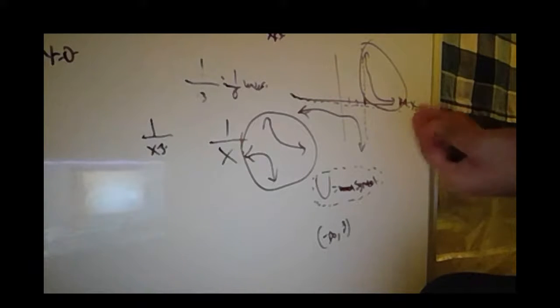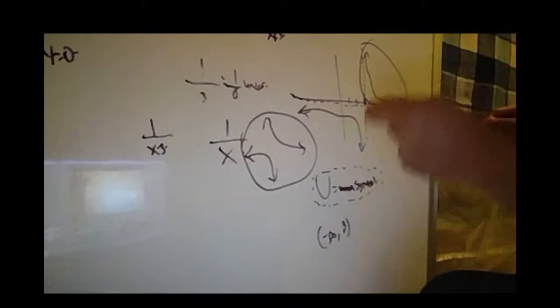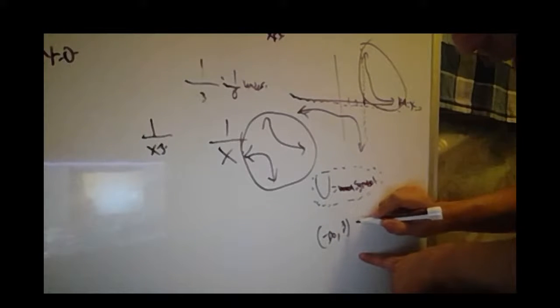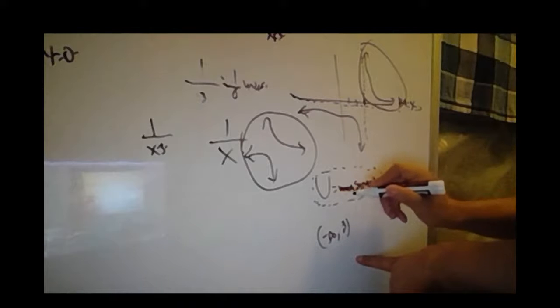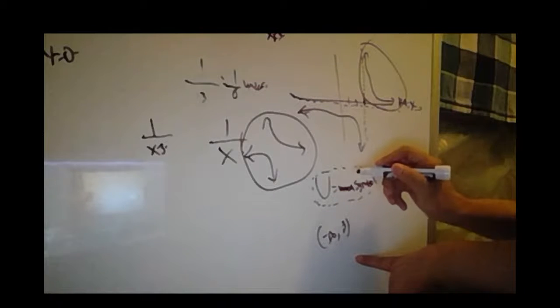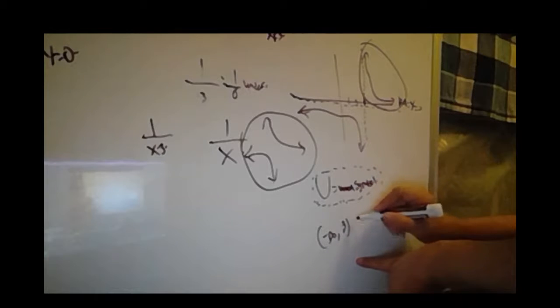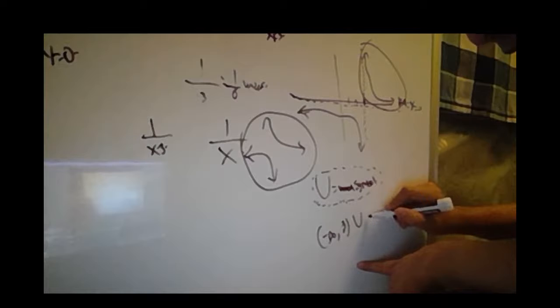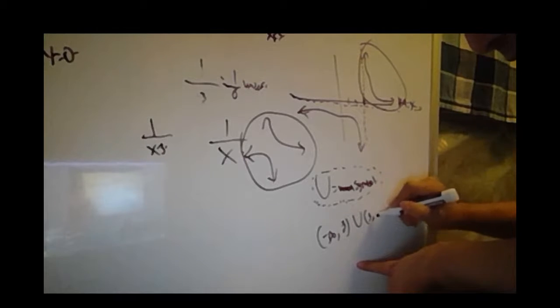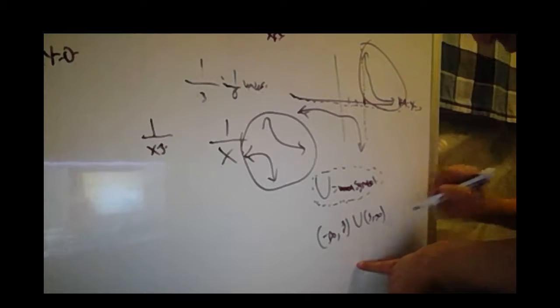If I wanted to include the 3 to infinity, how do I write that? This is where the union symbol comes into play. So we would say negative infinity to 3 union 3 to infinity.